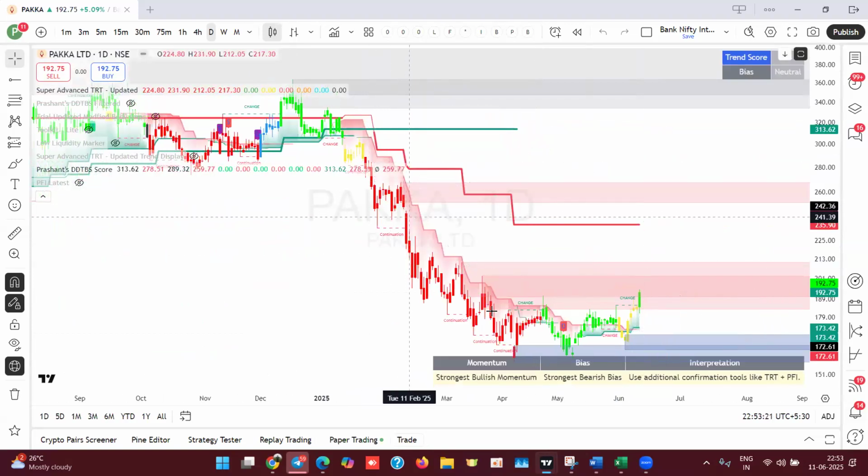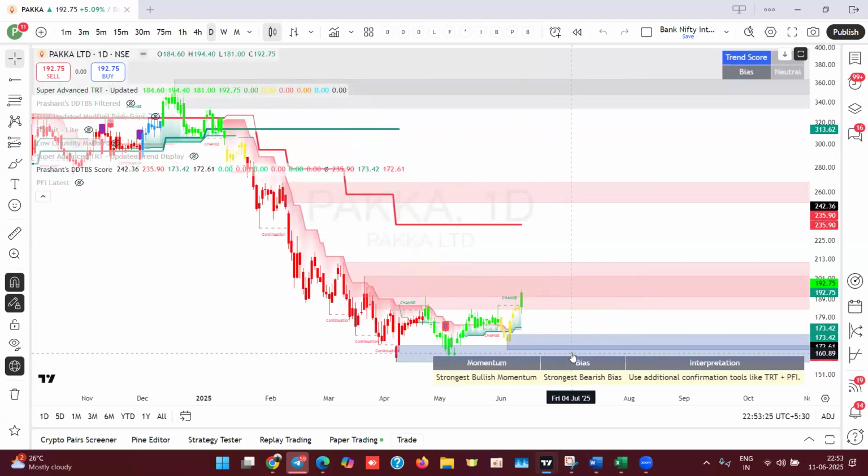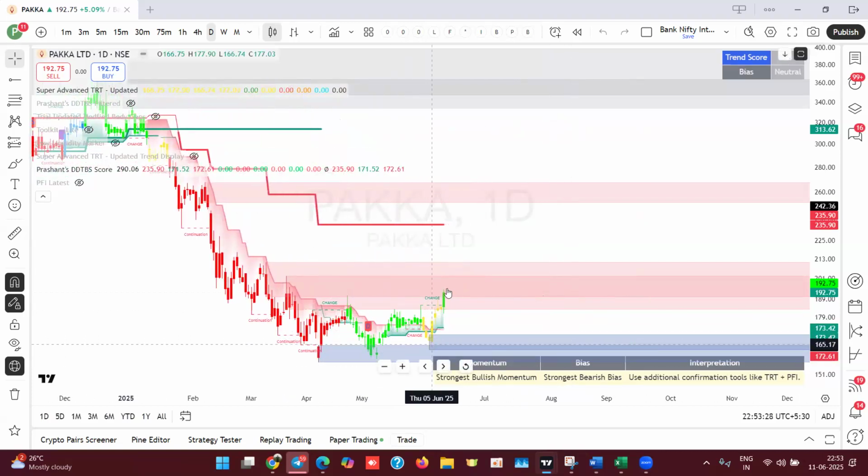Now see, this was down. It came down up to this, created a green color, gave a retracement, and went up again, gave a retracement. This red is far away, and see there was a green band present, but it has disappeared. Now the green band is again present. At this time of the second retracement, the green is present.